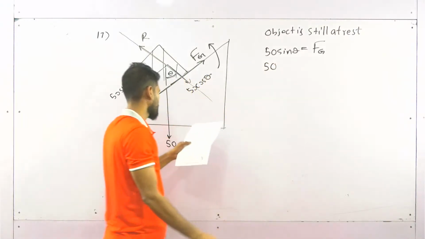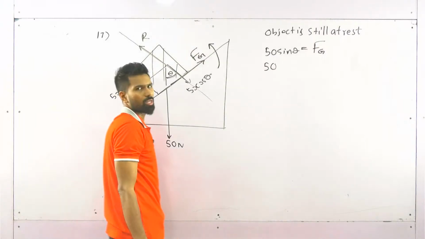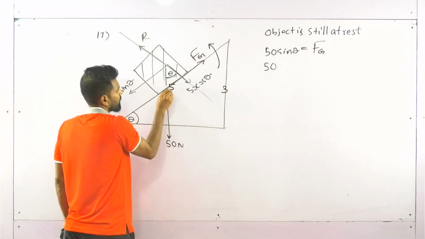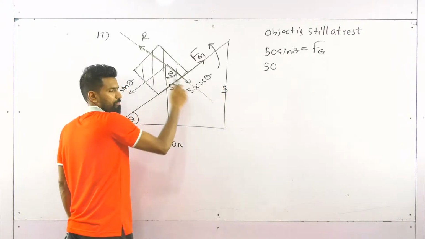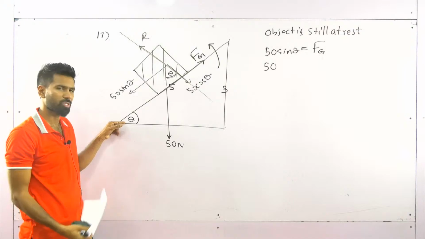They say the inclination of the plane is 3 in 5. How do we give the inclination? 3 in 5: here 3, here 5, the ratio of the lengths is 3 to 5. I have taught you this method of inclination in a previous question.